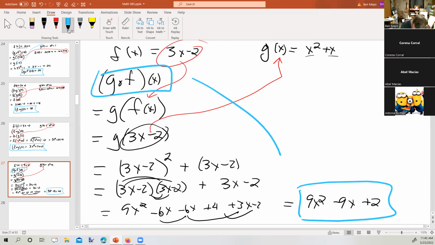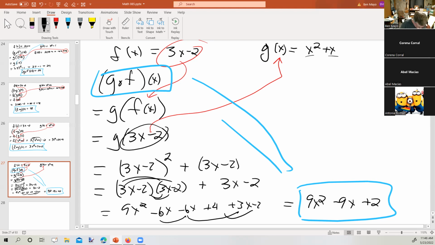So that equals that. Did I lose you there? No. Again, each little piece isn't difficult. It's knowing what to do, what each piece means.